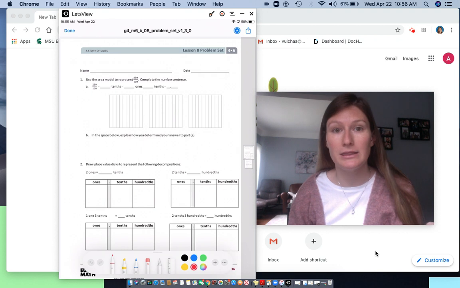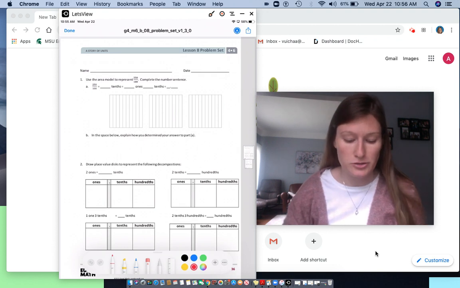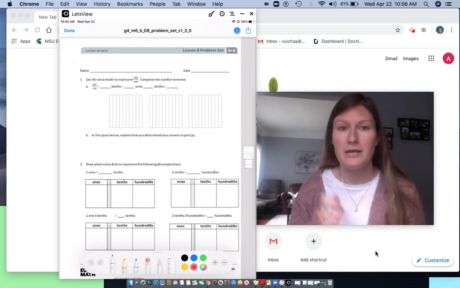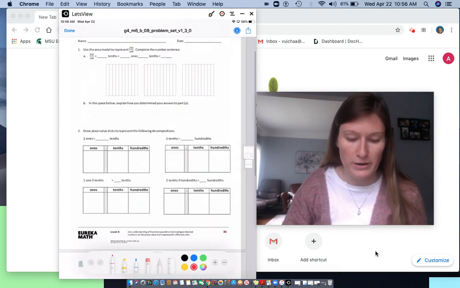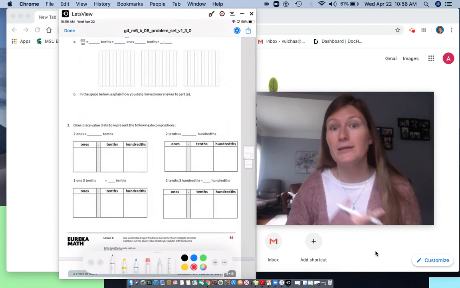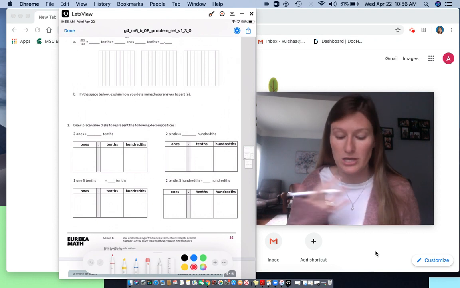So today we are doing lesson 8, and we are doing number 2, then 3A through D, and then number 4A through D. We have been learning about decimals. We learned about the tenths place, and the hundredths place.